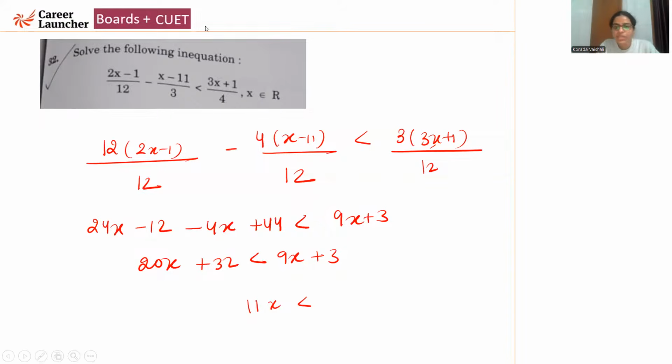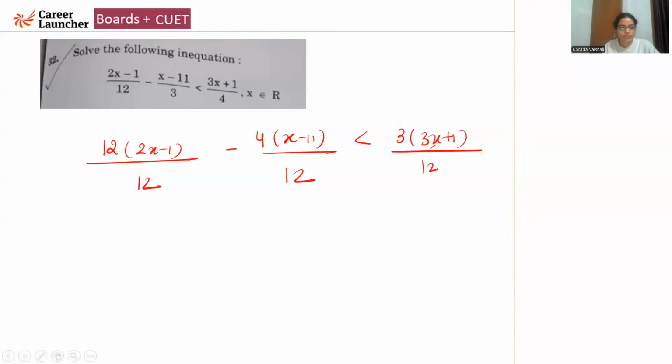So let's calculate for x and then we will conclude the answer. So rewriting the equation, we get 2x minus 1 minus of 4x, and this is plus of 44, and this is less than 9x plus 3.